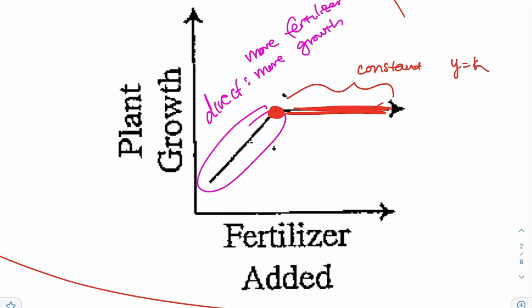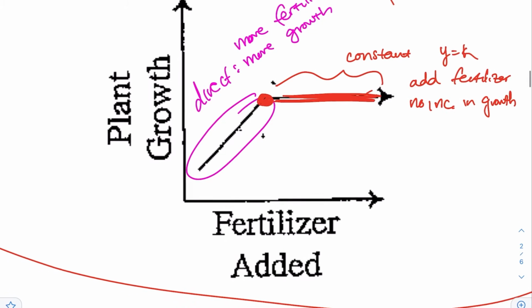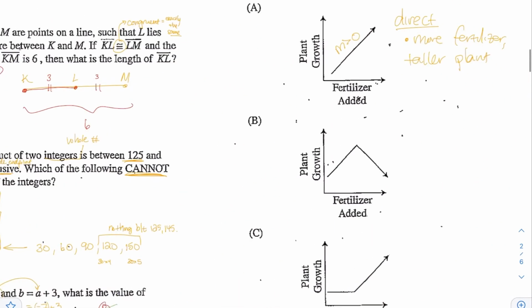This means that if you keep adding fertilizer, the growth of the plant, it doesn't matter anymore. The plant can't grow any taller. So there's no increase in growth. So that's the story in the problem here.